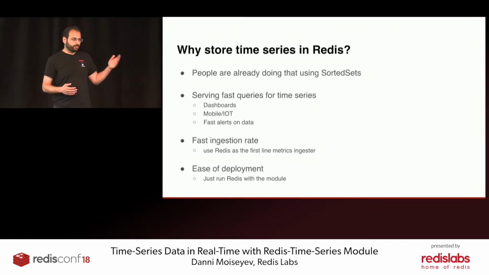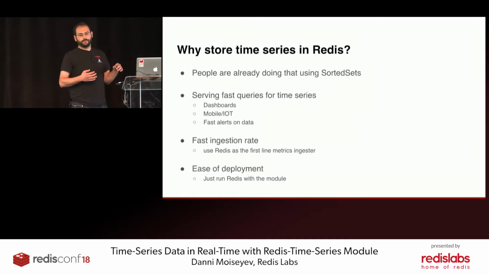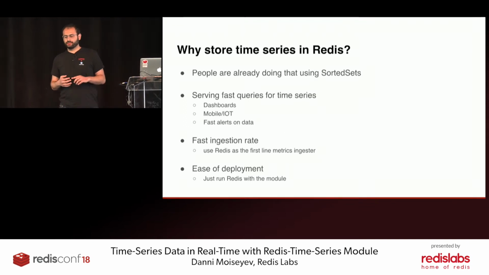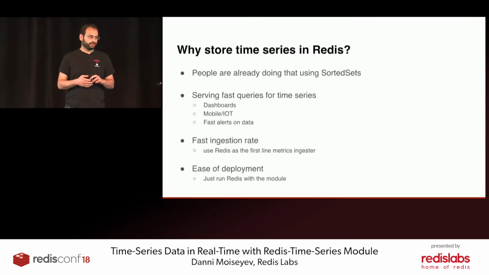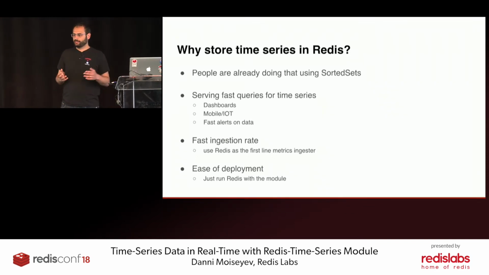That solution is open source today. They created an in-memory time series database that is sharded and clustered. If you think about it, basically they created Redis just for time series, which is a little bit funny.